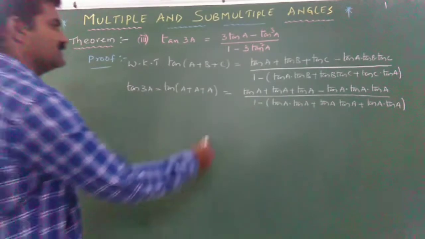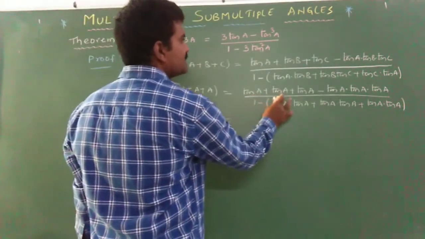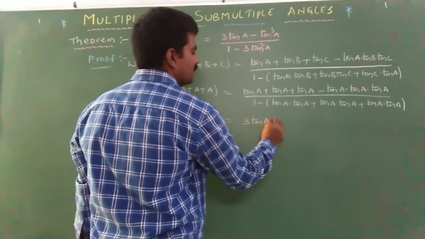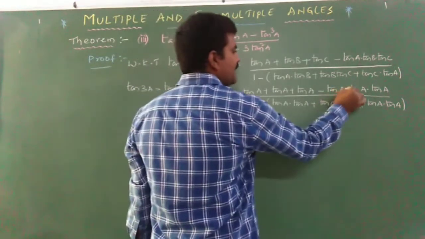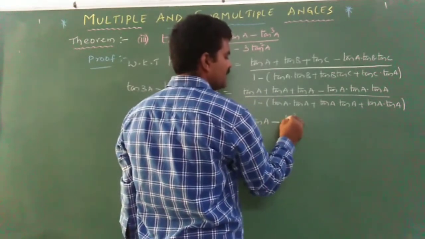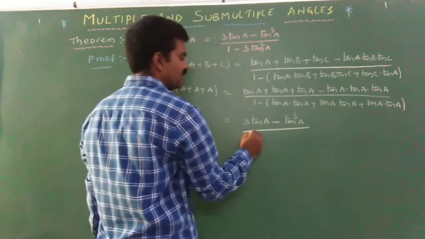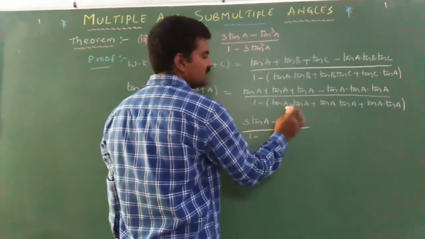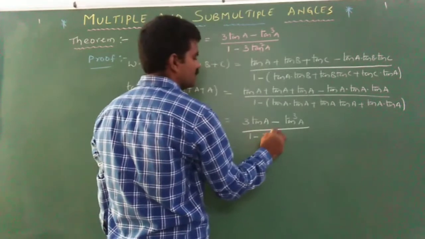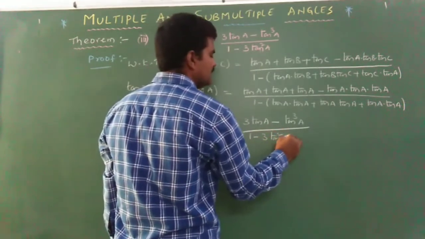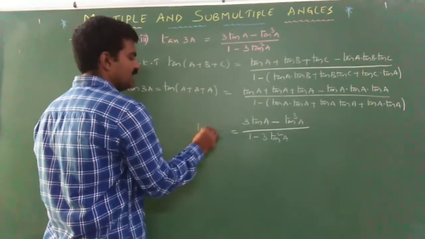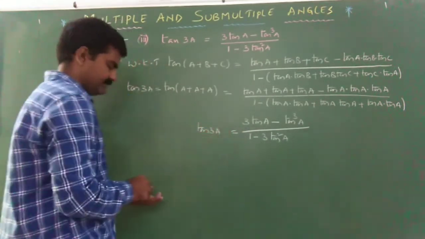So what is this? tan A plus tan A plus tan A is nothing but 3 tan A, minus tan A into tan A into tan A, which is tan cube A, whole divided by 1 minus, this is tan square A plus tan square A plus tan square A, which is 1 minus 3 tan square A. So this is the formula for tan 3A.